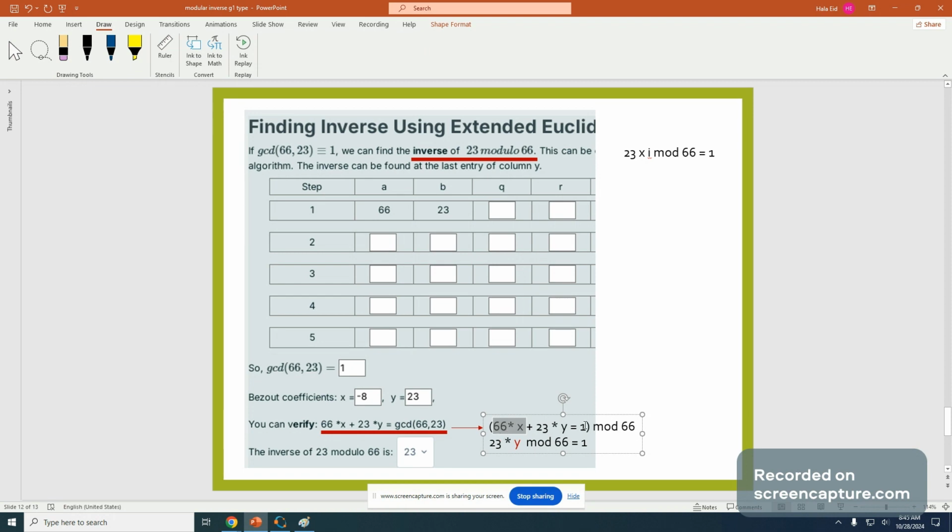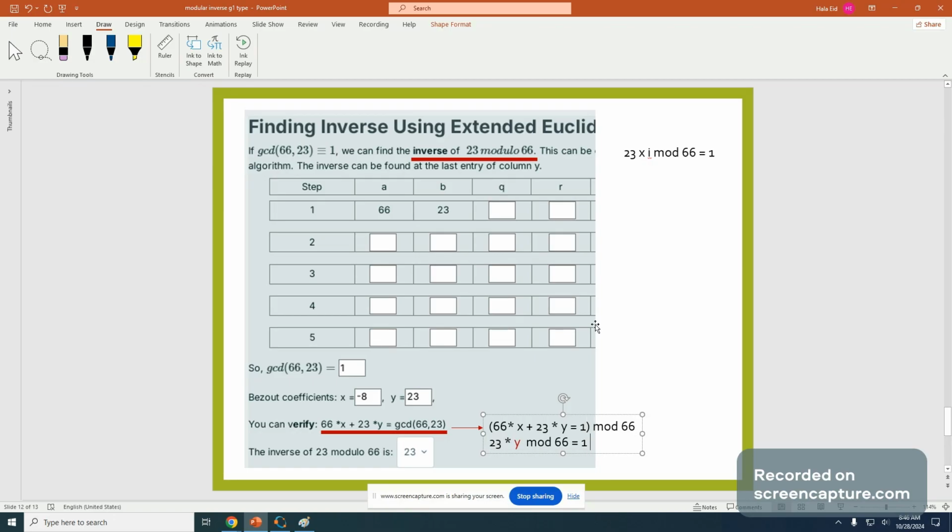So if I find the mod 66, this entire term is going to be 0. This leaves us with 23 times y mod 66, just left as it is. And on the other side, we have 1 mod 66, a small number mod 66, which is equal to 1. This leaves us with this equation.